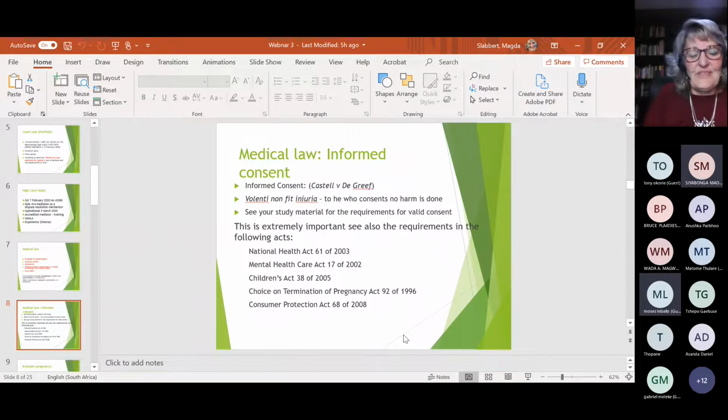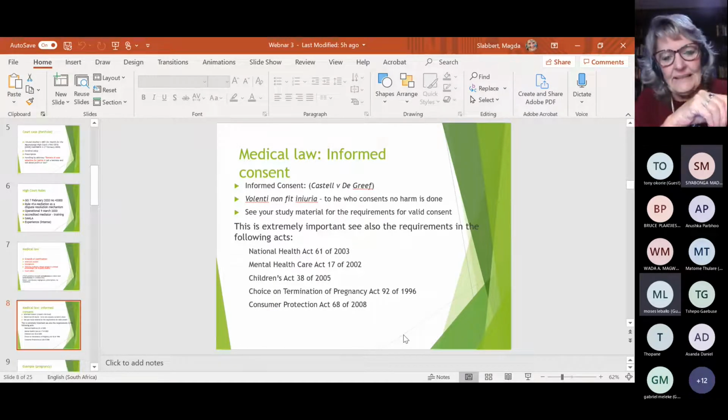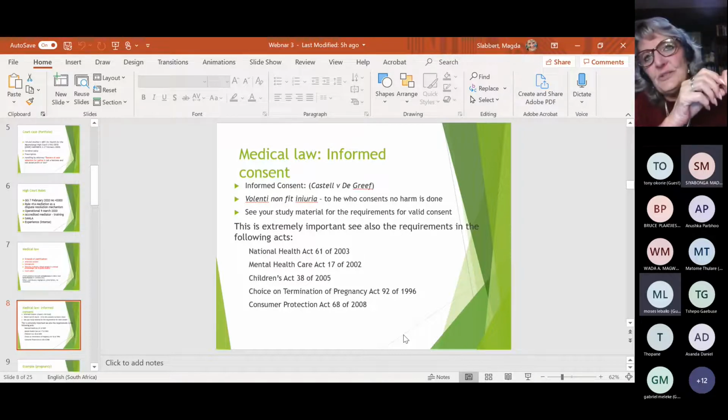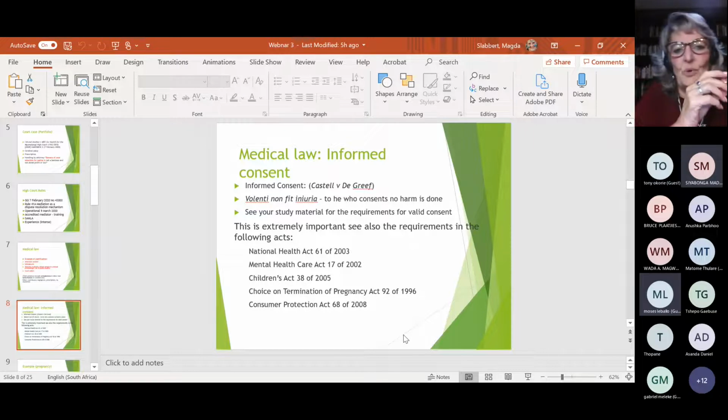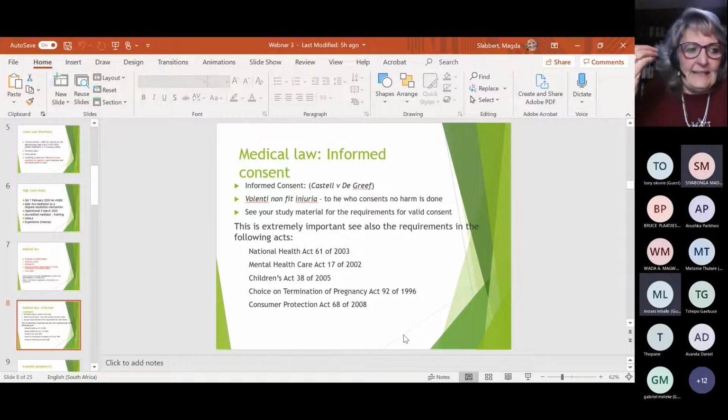So informed consent, the best way to get informed consent is in writing. But if you read the Beekes case, you will see there it was the patient's word against the doctor's word. So the advice to doctors is to get it in writing.